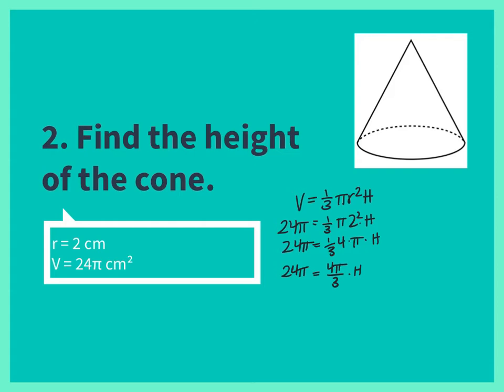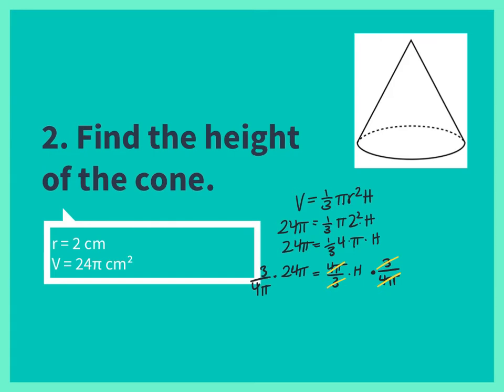Remember, dividing by a fraction is really the same thing as multiplying by the reciprocal, because what happens if we multiply by the reciprocal on both sides, you can see that it clears our fraction on this side. The 3's cancel, the 4 pi's cancel.